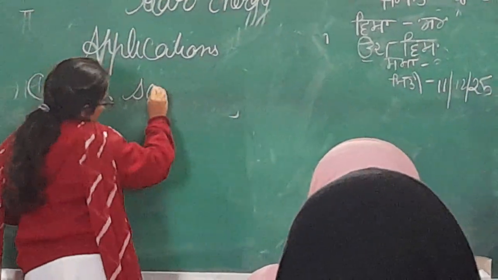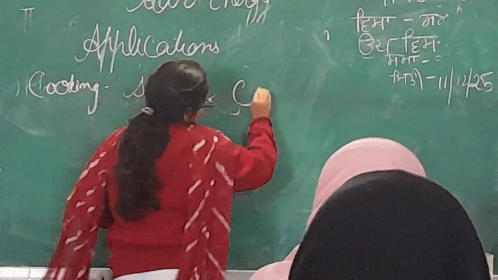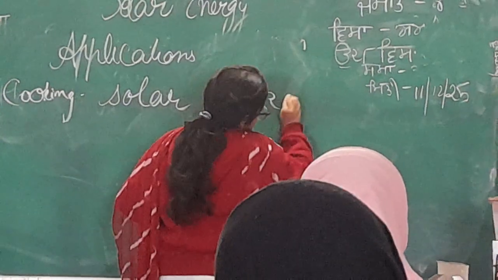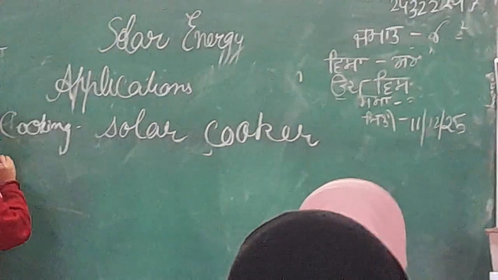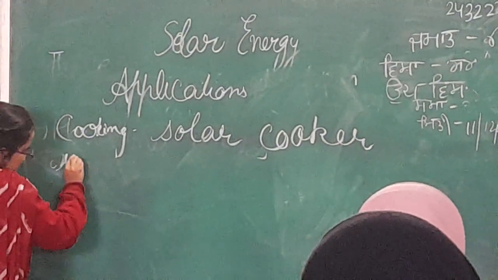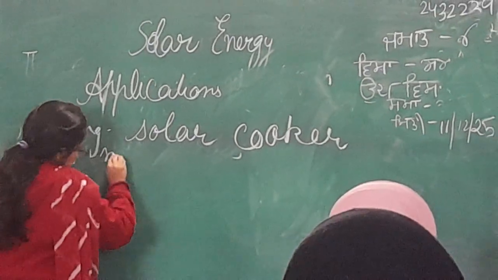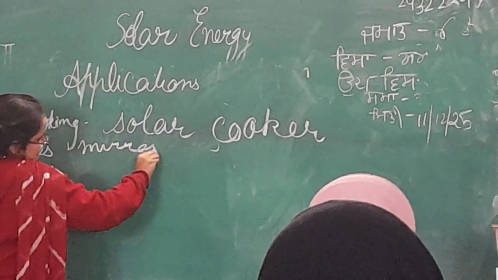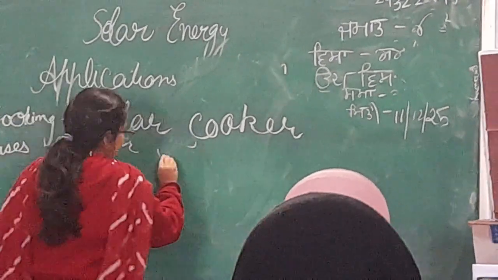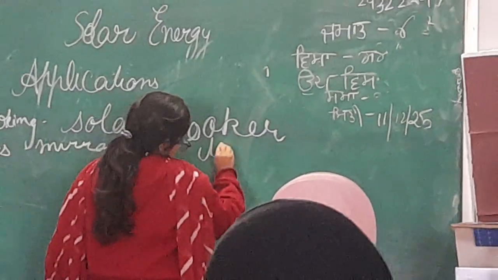What does a solar cooker use? Mirror to trap sunlight.